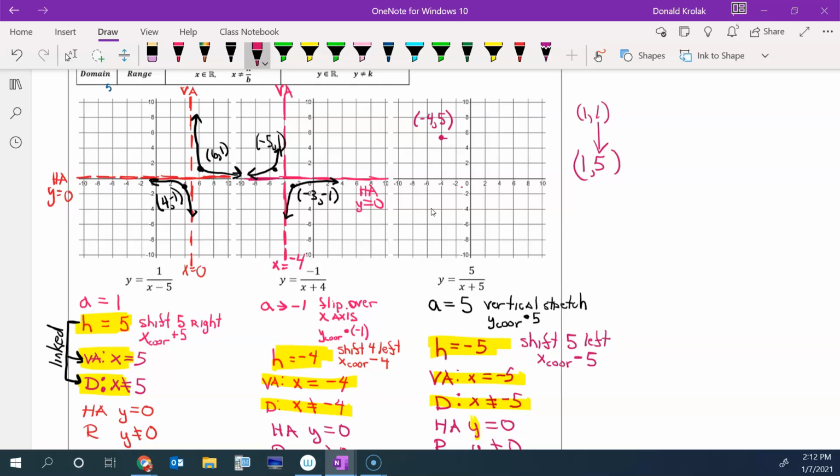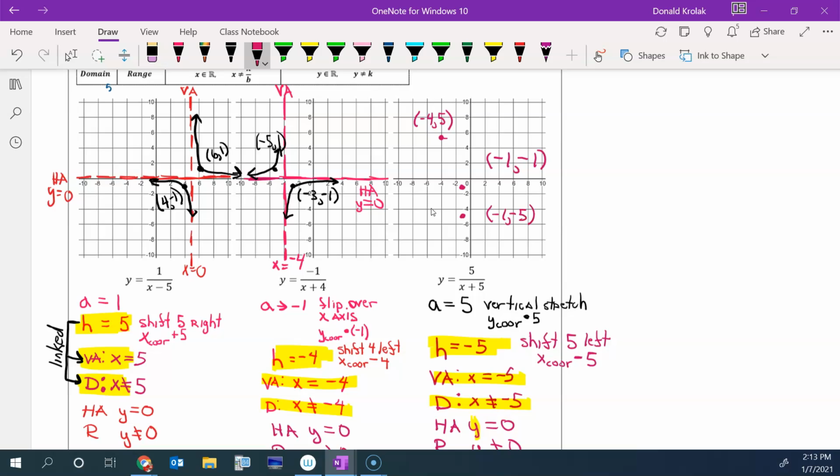Okay, here's the other original. Okay, so in my head, I'm going to stretch it by a factor of 5. So I'm thinking, take the y coordinate, Krolak, and multiply it by 5. It's going to now be here at -1, -5.